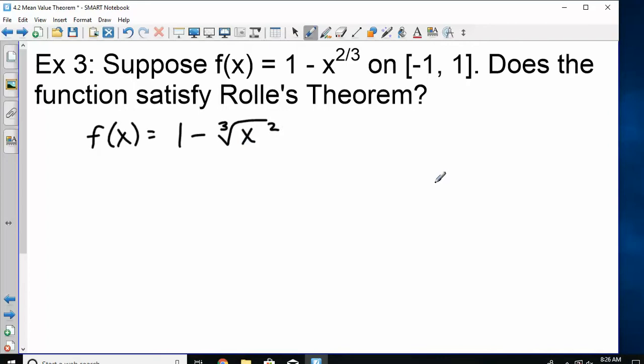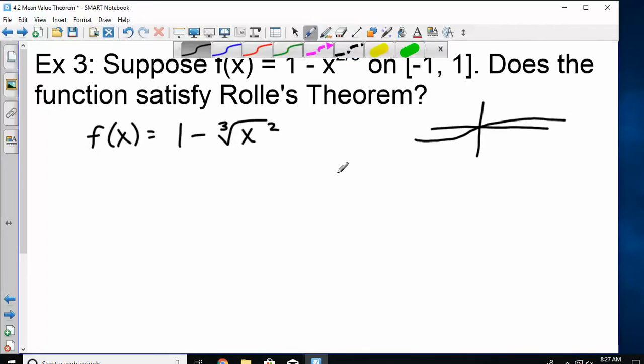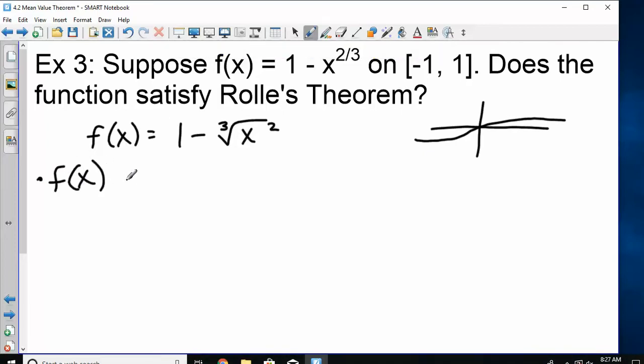If you think about what you know about a cube root graph, it's just like a sideways chair. So is that defined? Yes. If we think about our cube root, it doesn't have any breaks in it. You can take cube roots of positives and negatives. So it is continuous. That part is okay.